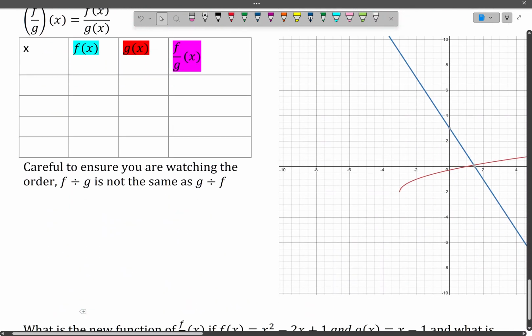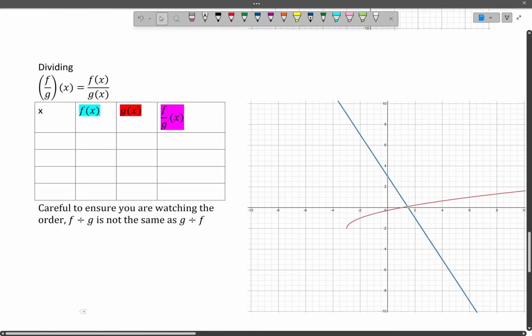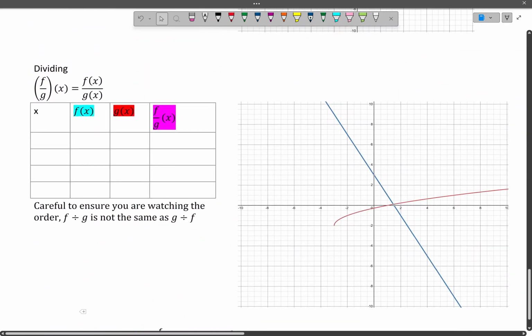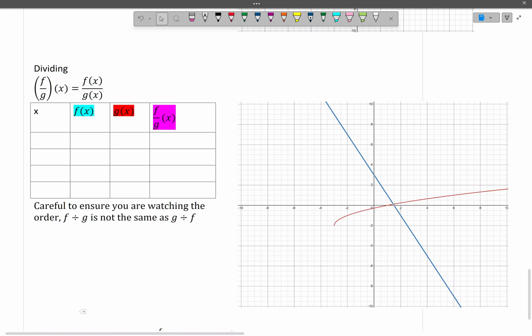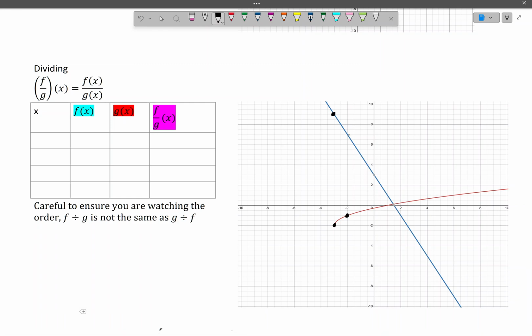Okay, dividing, same sort of process. Just again, like subtraction, there is an order that matters here. So we're going to pick a couple points that match nicely. So here's a point. Here's a point.